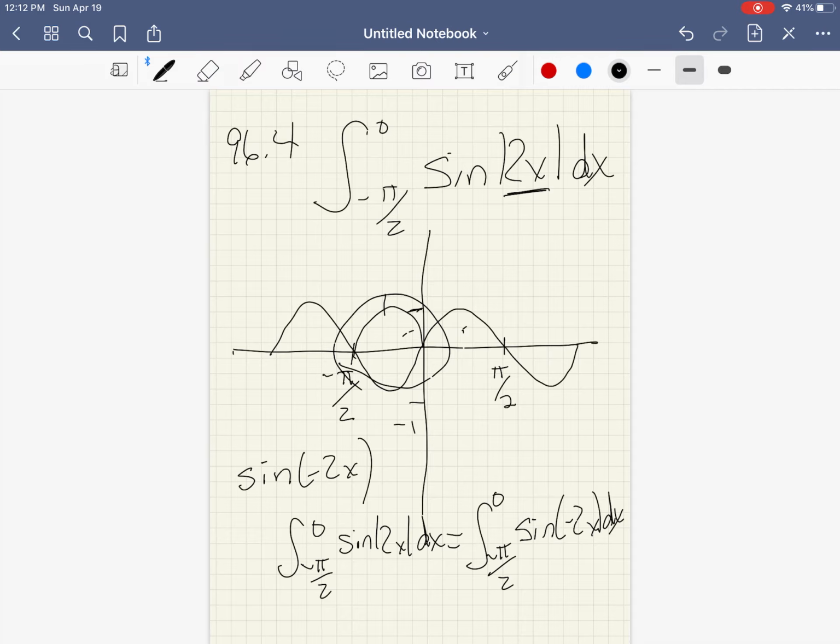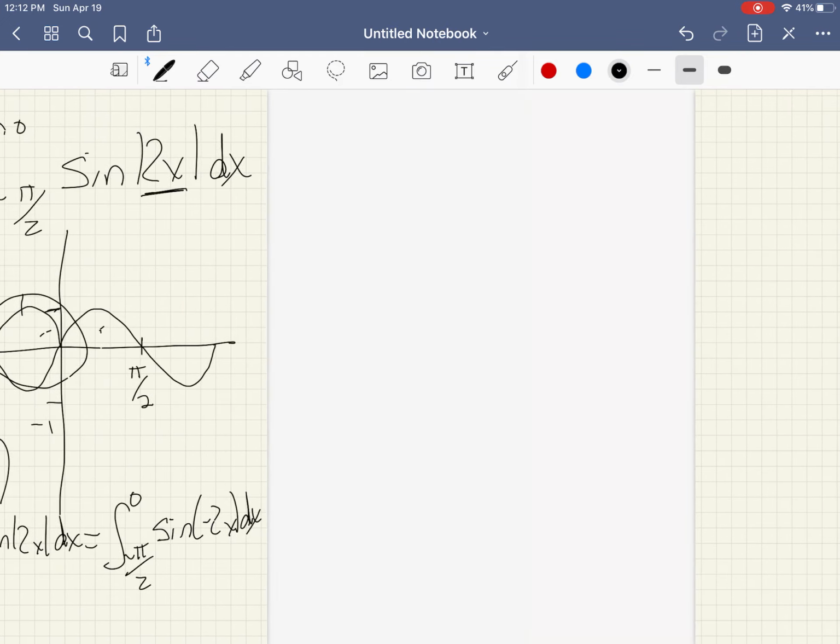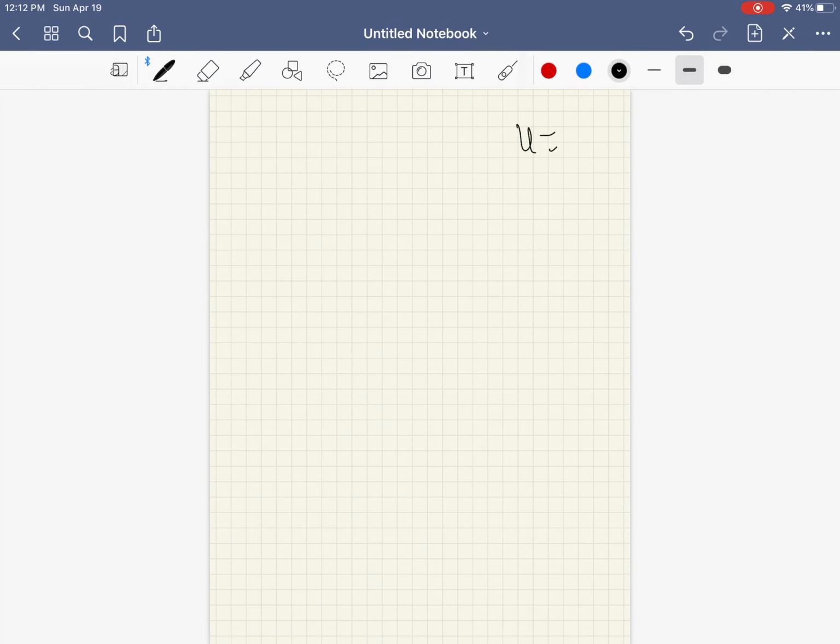So then we can use a u substitution. We say that u is equal to negative 2x, then du would be equal to minus 2 dx.